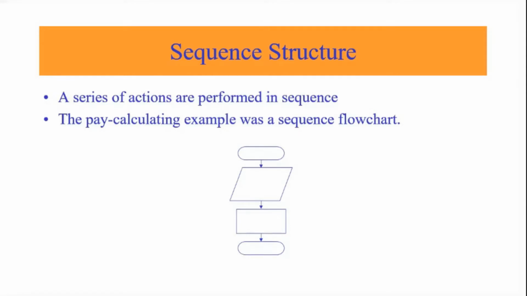In a sequence flowchart, each element will have a maximum of 1 incoming and 1 outgoing arrow, except the terminal boxes. In the terminals, if it is a start, there will be only 1 outgoing arrow, and if it is an end terminal, there will be 1 incoming arrow. So that is the sequence structure.